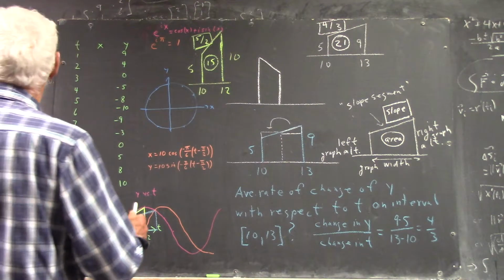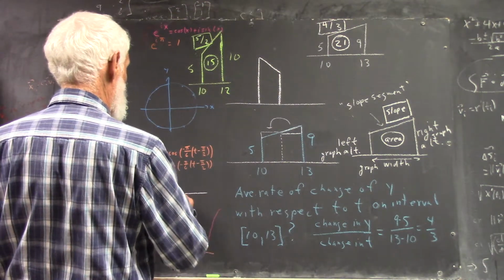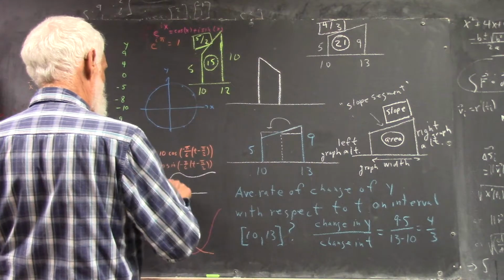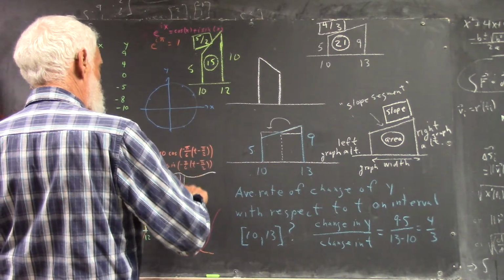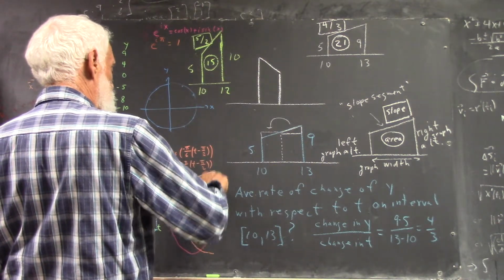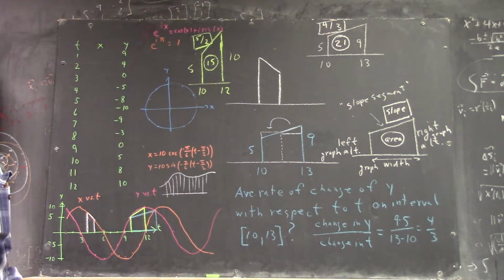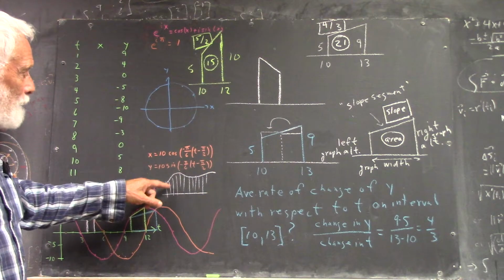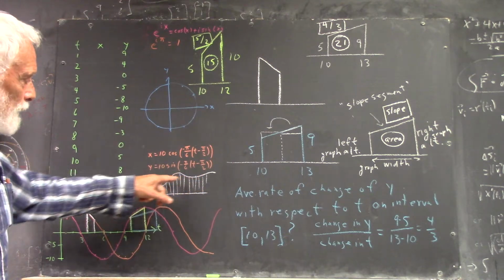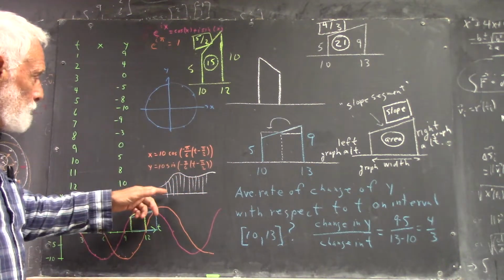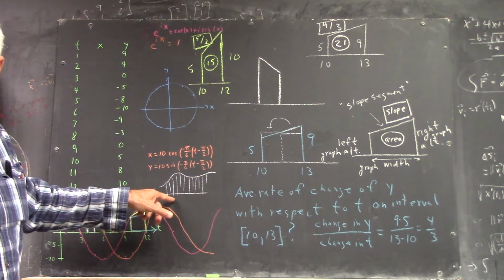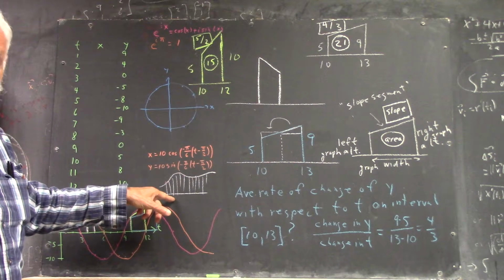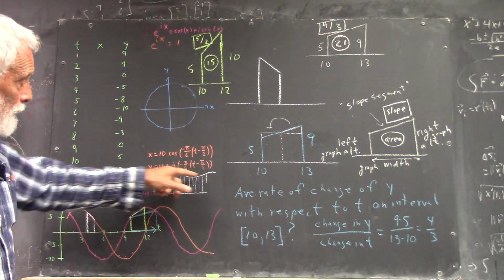Now for any graph, whatever the graph, if we divide it up finely enough, every one of these trapezoids will have an area that's probably within plus or minus 1%, if not within plus or minus 2%, of the area under the curve.